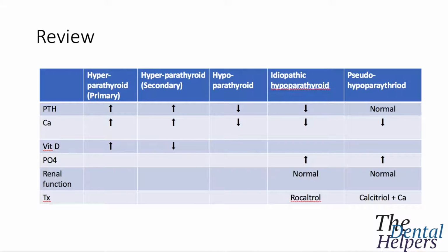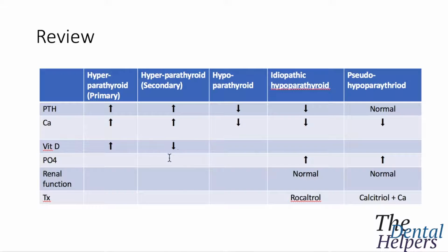So here's just a quick table showing what's going on. As I said, if you have hyperparathyroidism, increased parathyroid hormone. Hypo would mean decrease. Exception is going to be pseudohypoparathyroidism, where it's normal. In terms of your calcium, it follows the normal trend where hyper is going to be up, hypo is low. The distinguishing for hyper, the primary versus secondary.